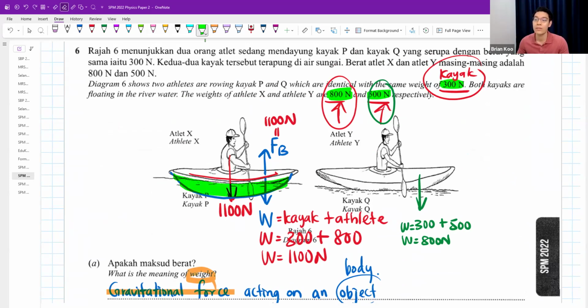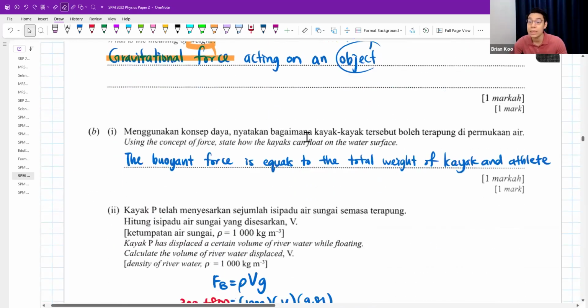This green color is the volume of water displaced, the volume of the kayak under the water. While this one displaces less. So this green highlighted part tells you the volume displaced is big here, volume displaced is small here. Volume displaced is the same as the volume underneath the water, immersed in the water, submerged in the water.